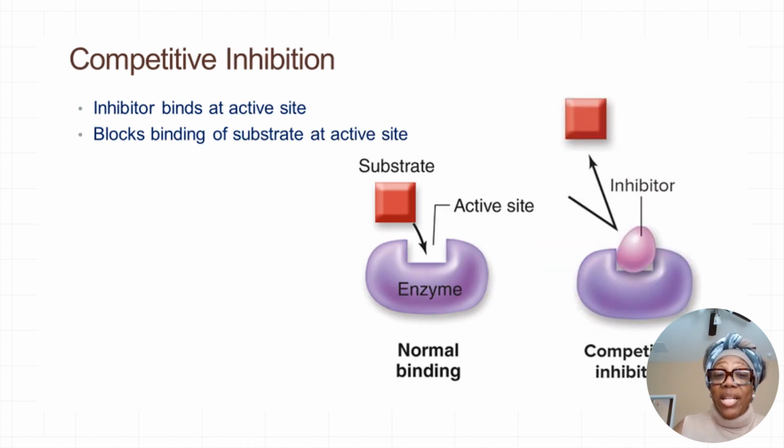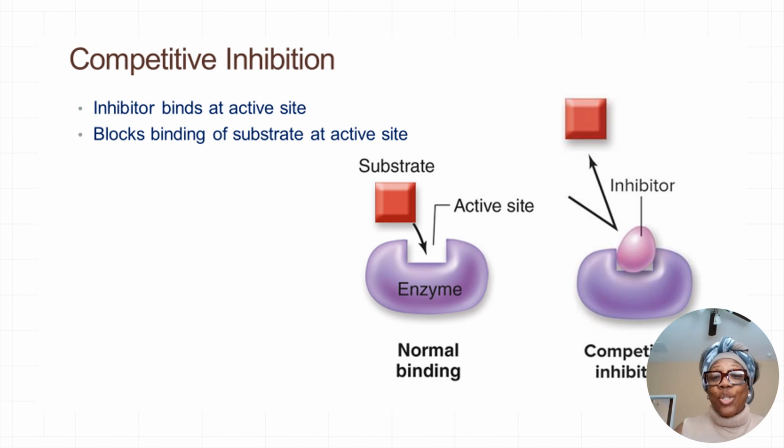In the case of competitive inhibition, whatever this inhibitor is, and it could be like a therapeutic drug, like, I don't know, aspirin or Tylenol or whatever. It could be anything. It could be a microorganism like a bacteria. Whatever that competitive component is that's responsible for this competitive inhibition, it is competing with the normal substrate for the active site.